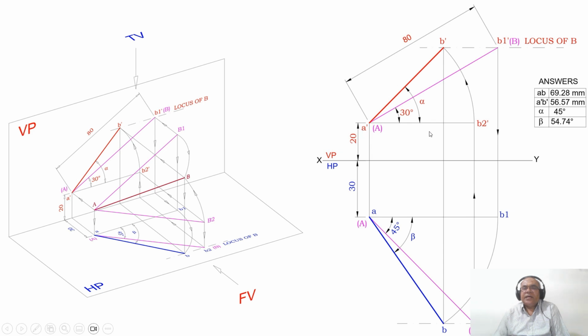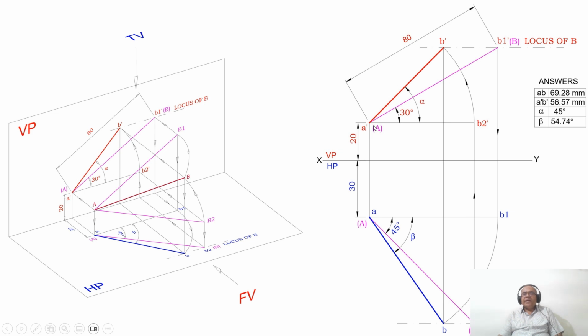So with A dash as center, A dash B2 dash as the radius, you draw an arc by using the compass such that it will cut the locus of B in the front view. And you mark this point as B dash, join A dash B dash with a dark line. So you measure this angle and you mark this point as alpha.